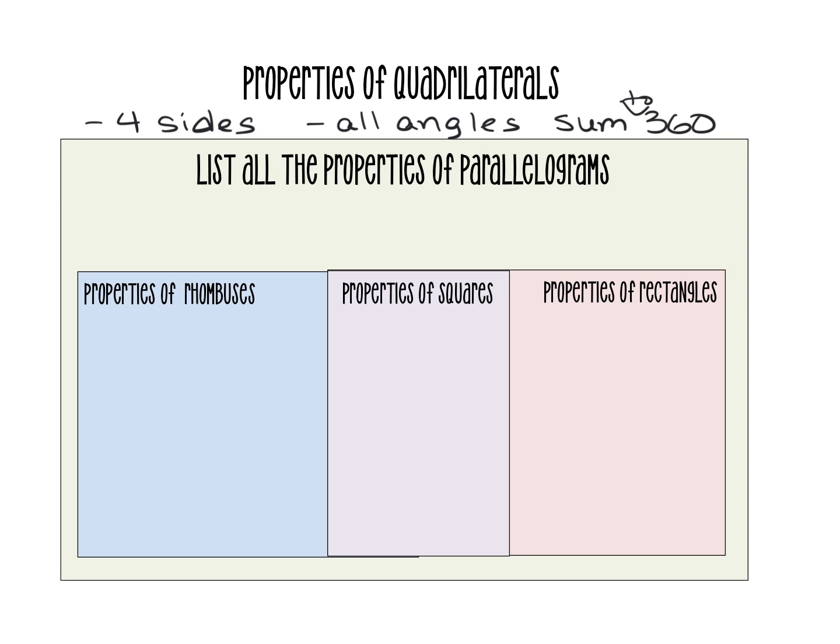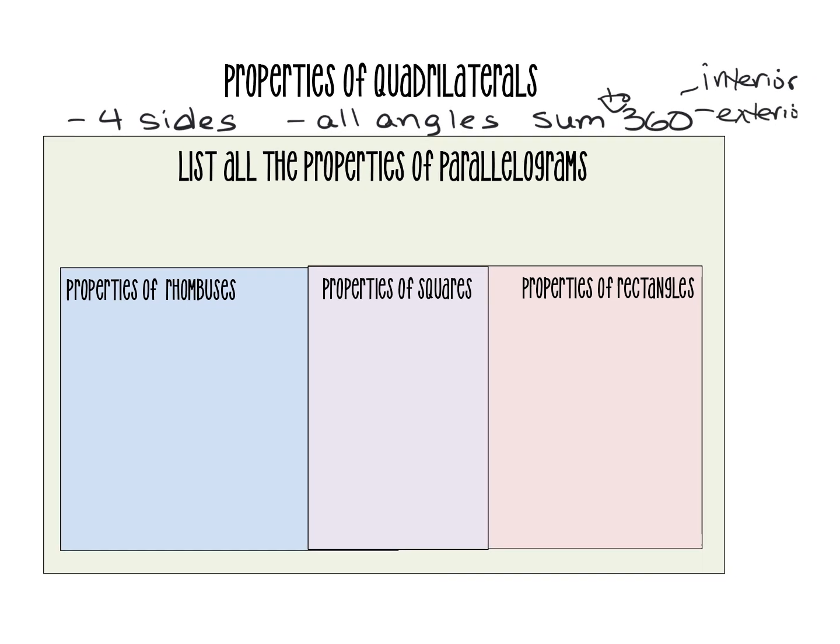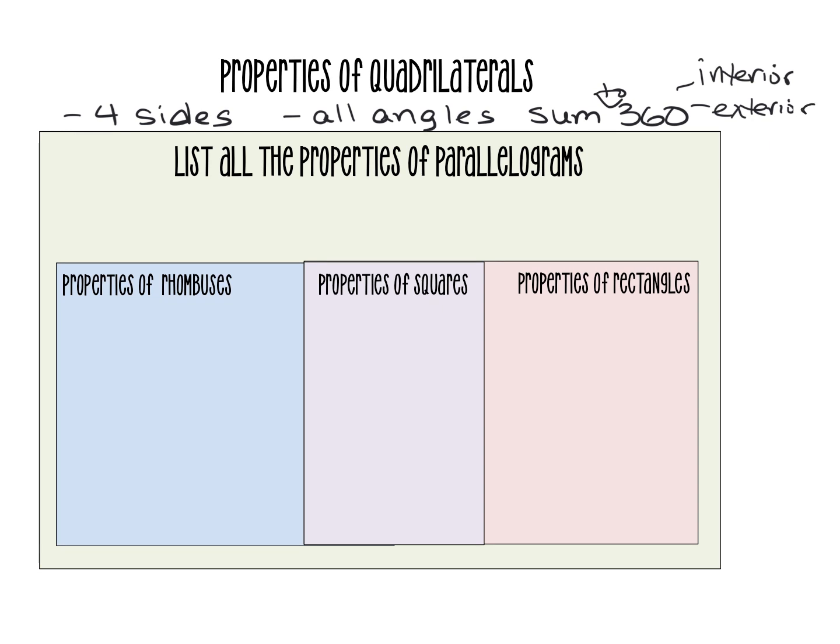And this is both interior angles of a quadrilateral and the exterior, because remember, any exterior angle sum for any polygon is always 360. So all of the angles are going to sum to 360, whether it's interior or exterior, for any quadrilateral.